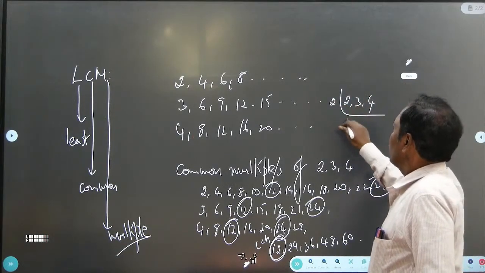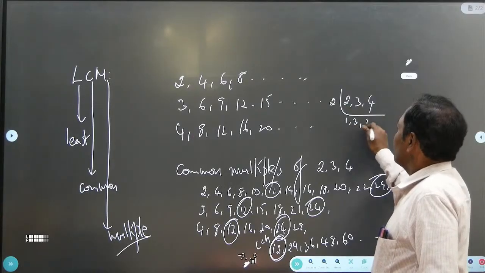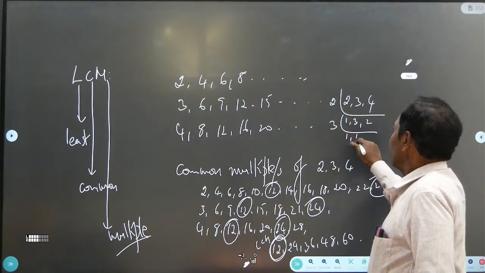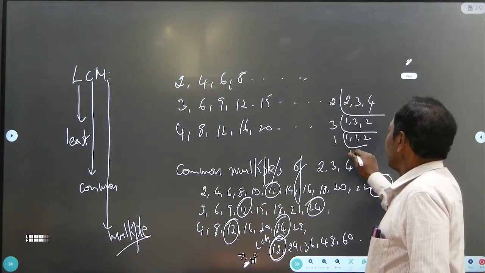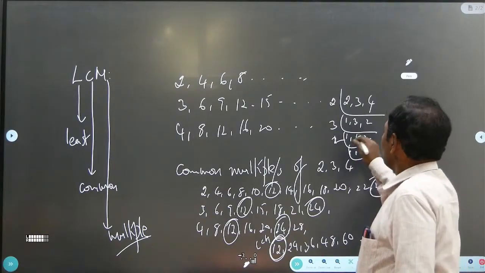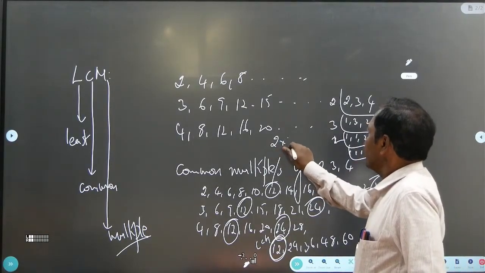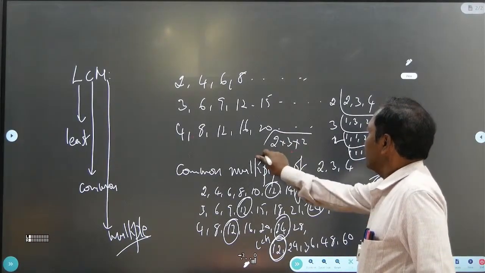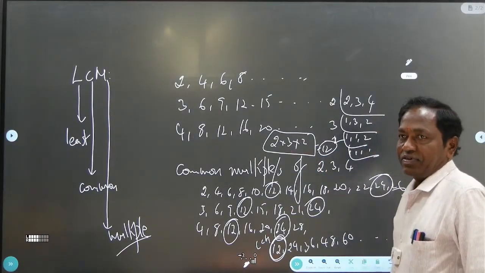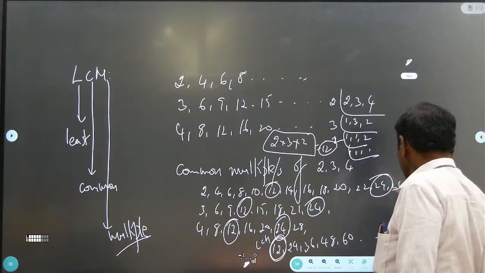You can retain 3, two 2s are needed, and then you can take 1 of any number. So 2 into 3 into 2, which is 12. So this is the one thing.